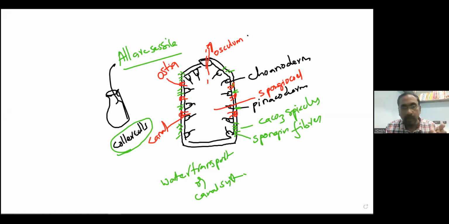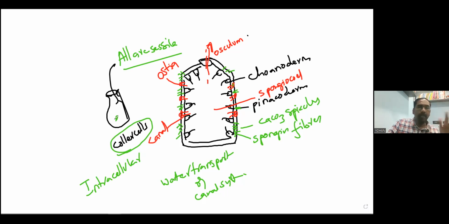Besides, they also help in digestion of food particles. The type of digestion is intracellular, which means it takes place within the cell. Okay?